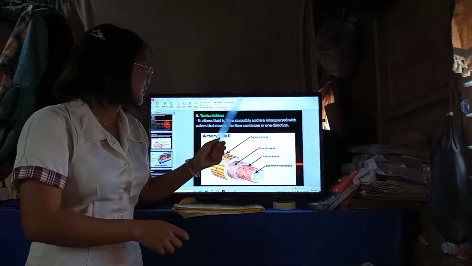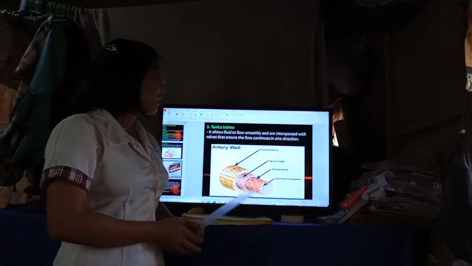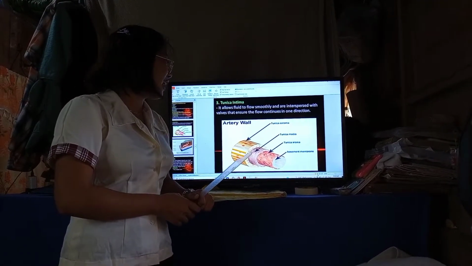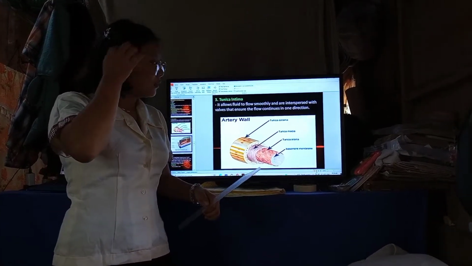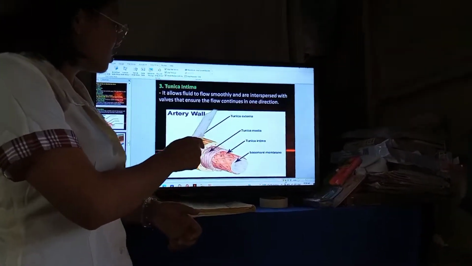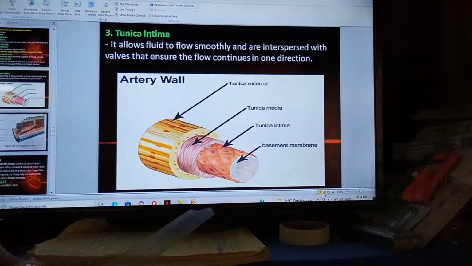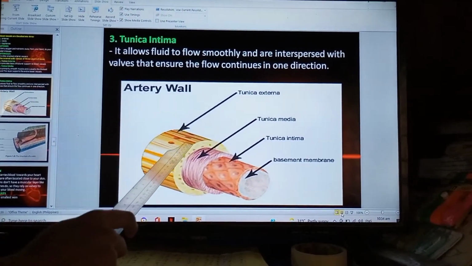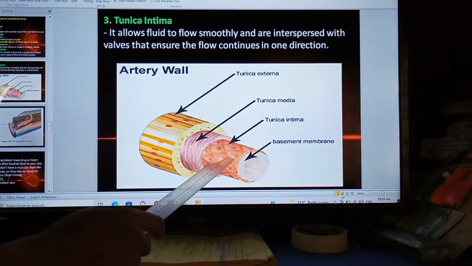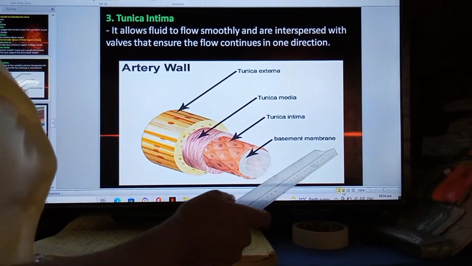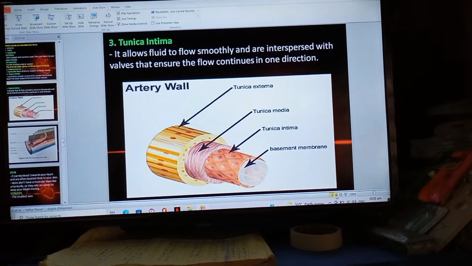It allows fluid to flow smoothly and is interspersed with valves that ensure the flow continues in one direction. Okay, this is the structure of the artery wall. So, tunica externa here, tunica media, tunica intima, and the basement membrane.